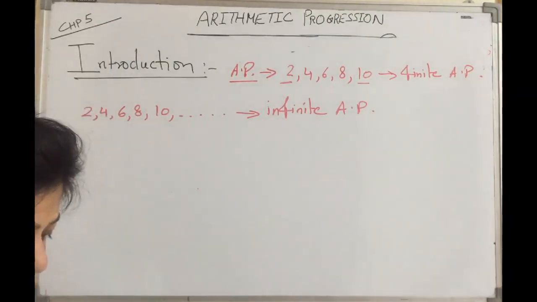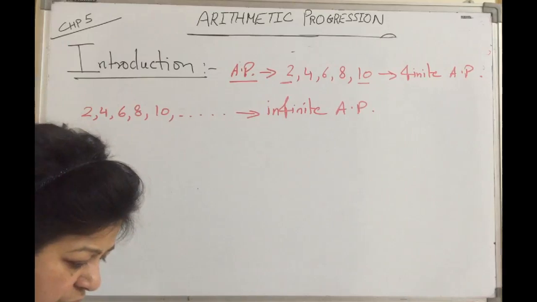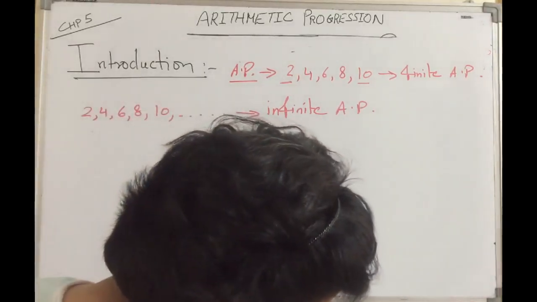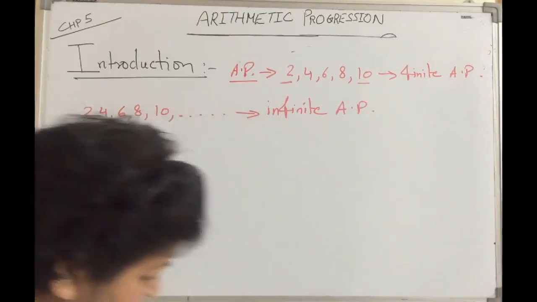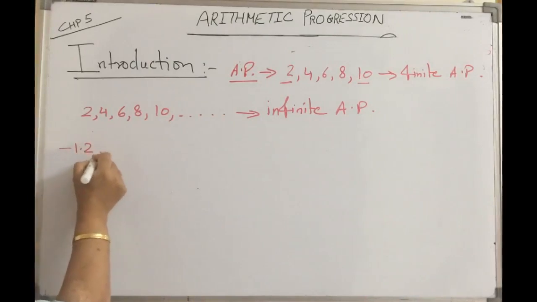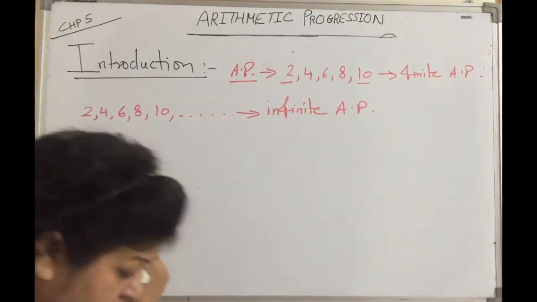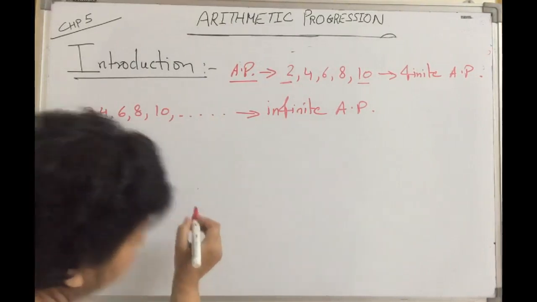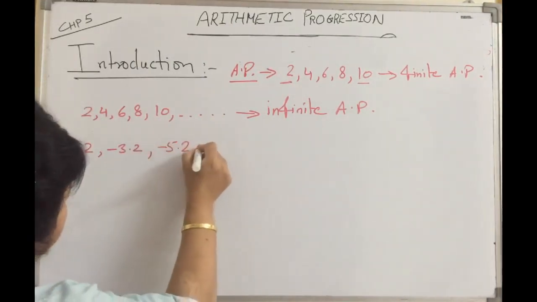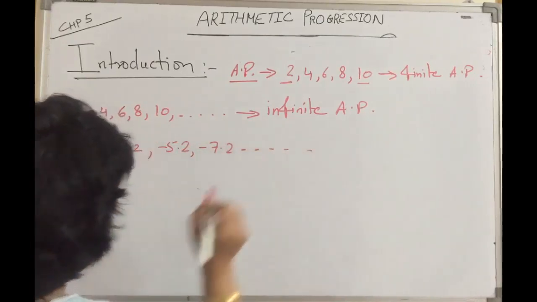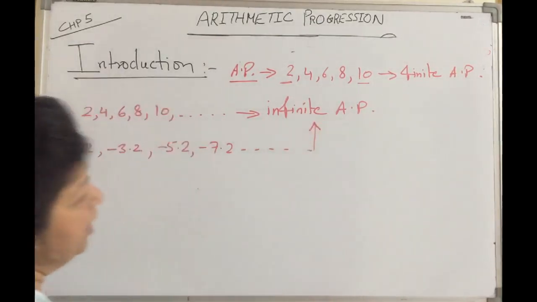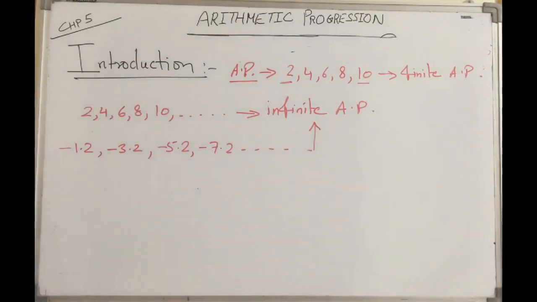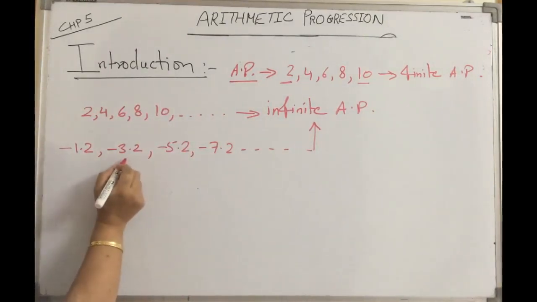Now have a look at some examples for identification of an AP. I am taking it from your NCERT. Like we have minus 1.2, then minus 3.2, then minus 5.2, minus 7.2, and so on. Very clearly it's a sequence of negative numbers, and the dots indicate it's an infinite AP. Now whether it's an AP or not, we'll check.